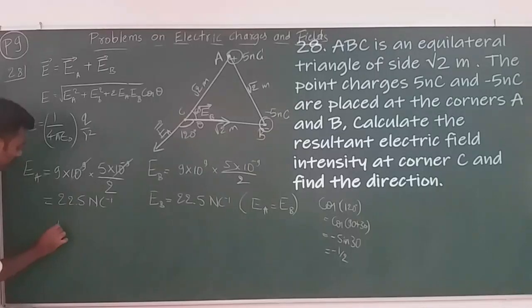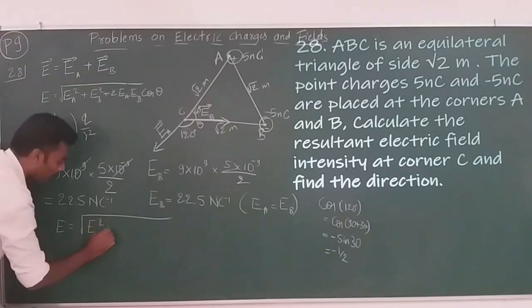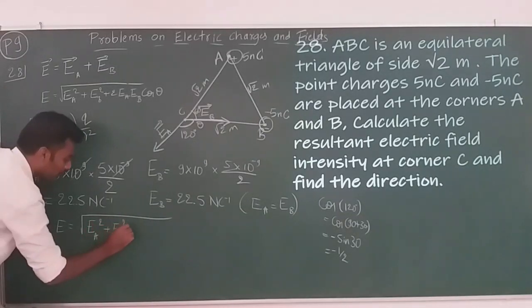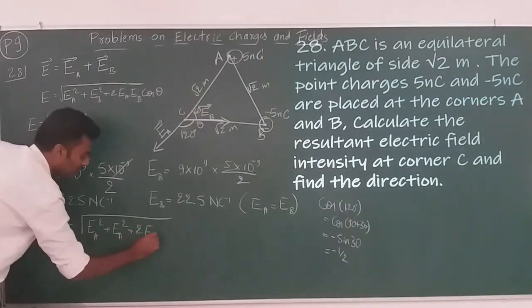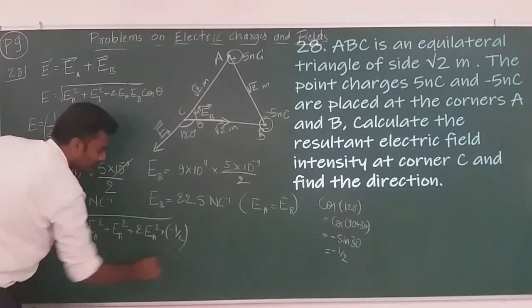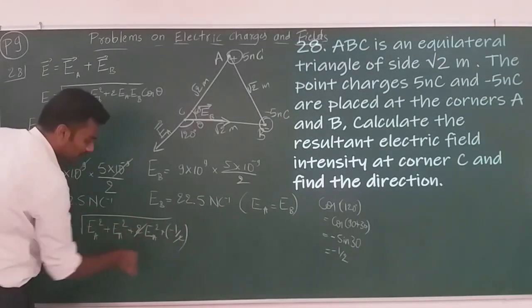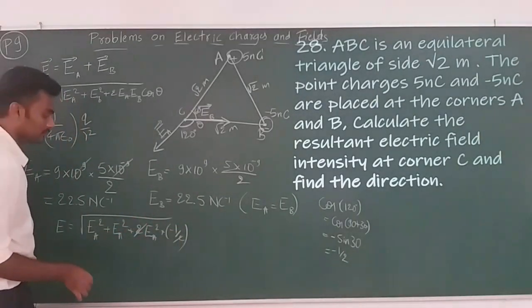So, E becomes equal to, let me write it once. This is EA squared plus EA squared plus 2 EA squared into cos theta, which is minus half. So, what happens? Half cancelled, right.